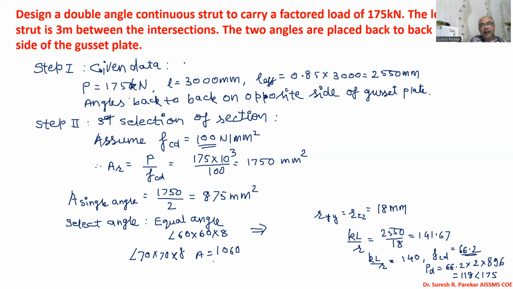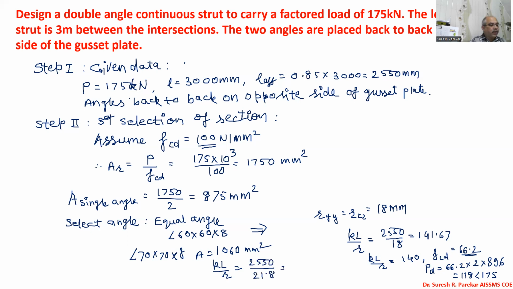Now KL upon R: the value of RYY equal to RZZ is 21.8.